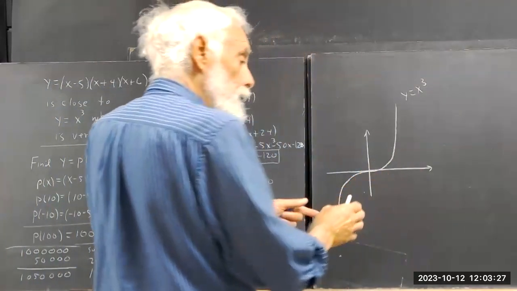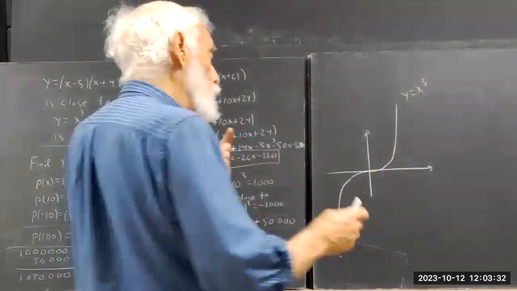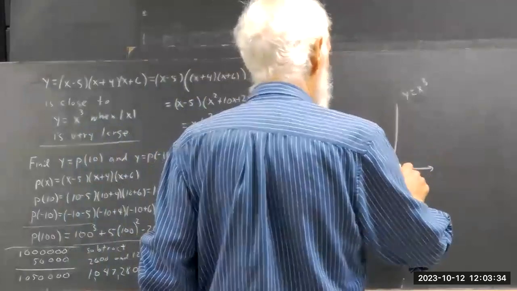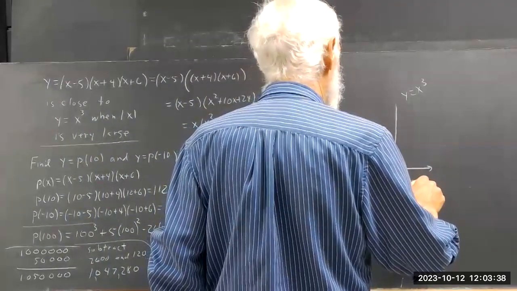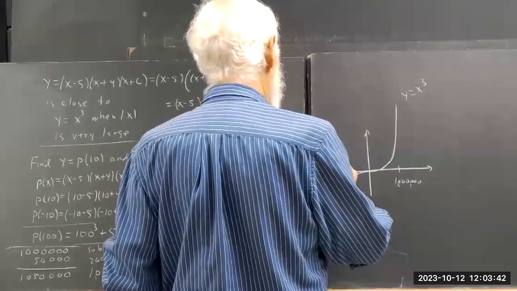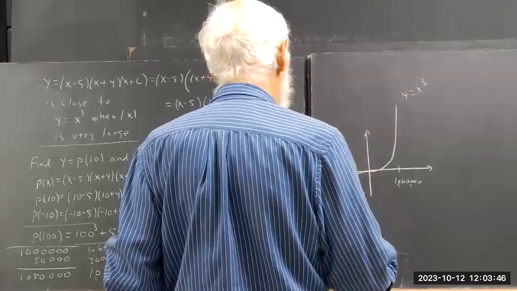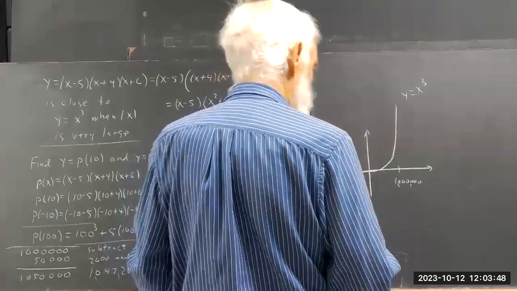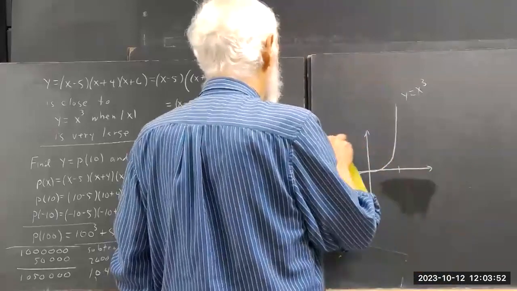I'm going to put $1 million out here, and negative $1 million out here. Sorry, put 100 out here and negative 100 out here.